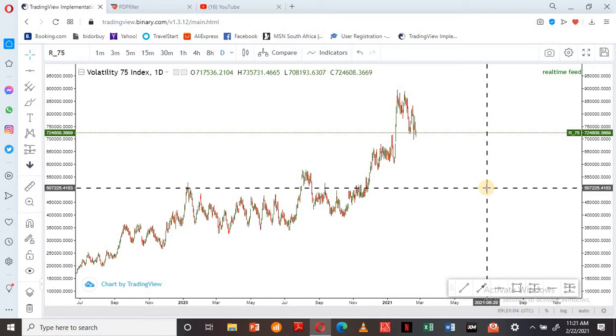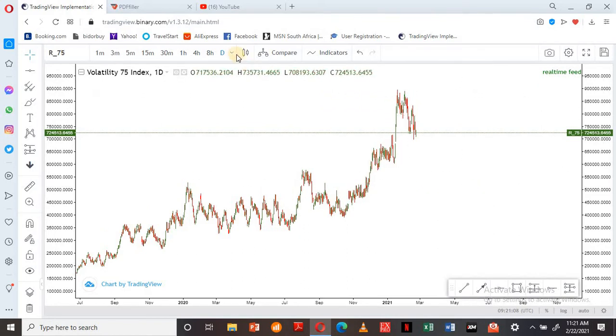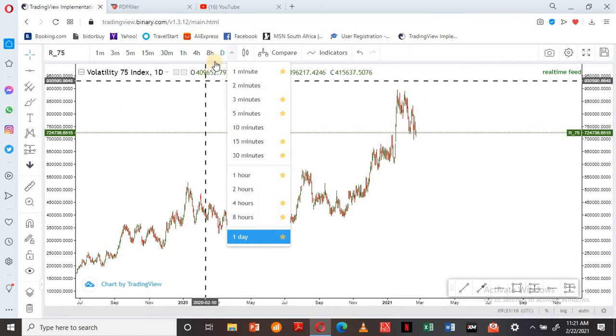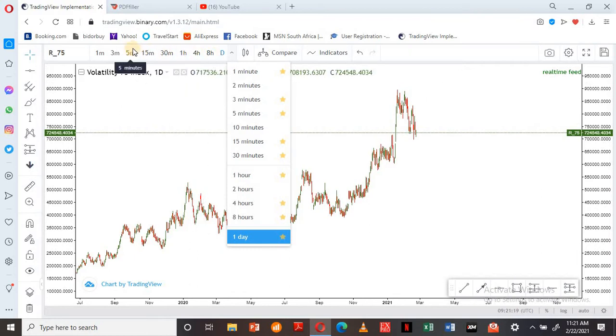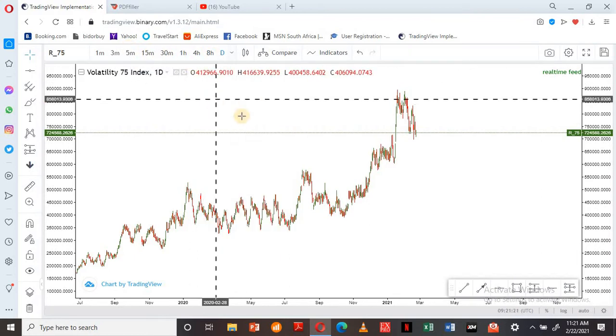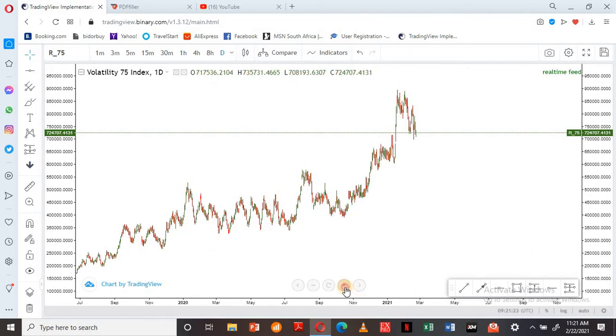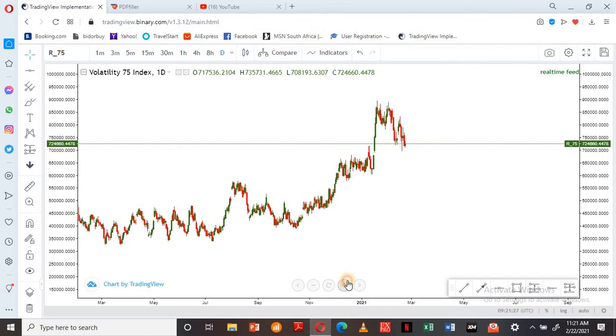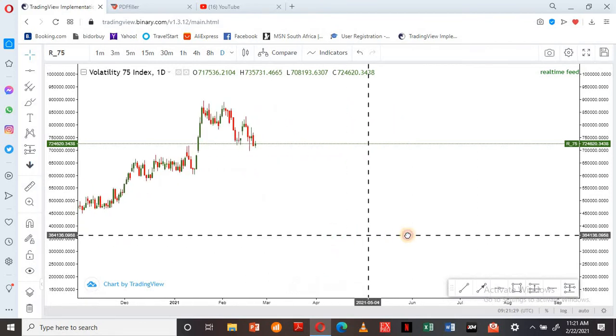You need to go to the higher time frame and make sure everything is in order, easily accessible. So you go to the daily chart to see the current price action.